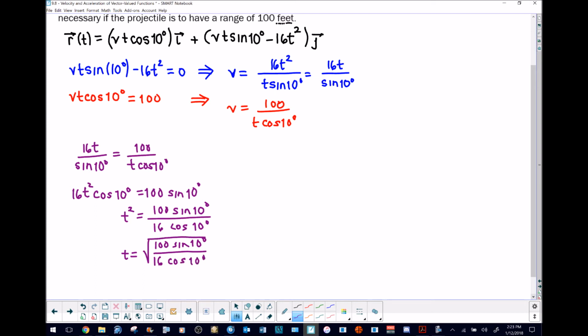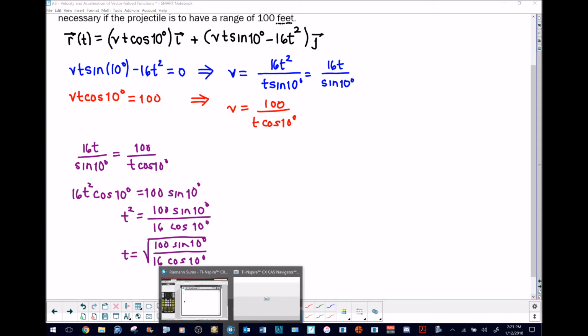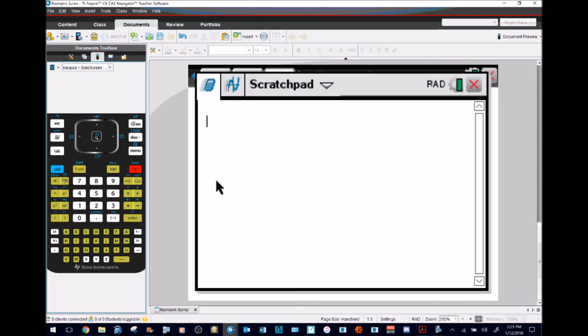So at this point, what I'm going to need to do is use a calculator to compute this particular expression, and let's go ahead and show you that here. I don't have that done previously, but it's not a big deal. I'm using the TI Inspire. Any kind of a scientific or graphing calculator will do the job here. So you have 100 times the sine of 10.